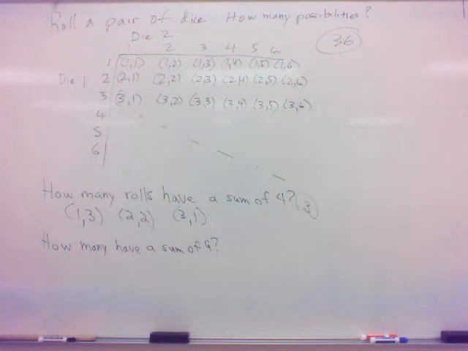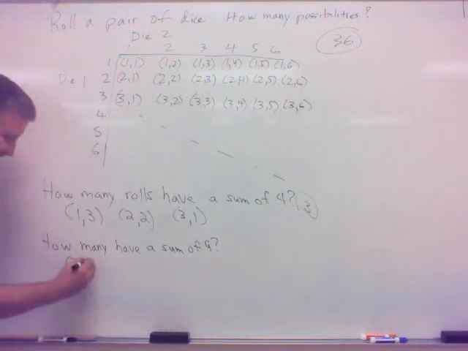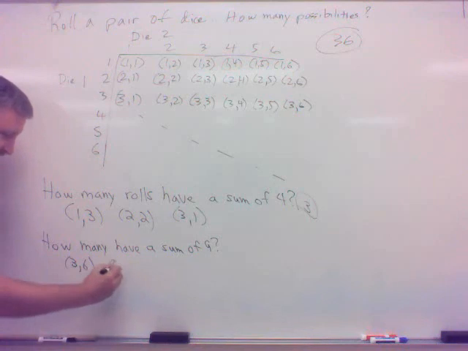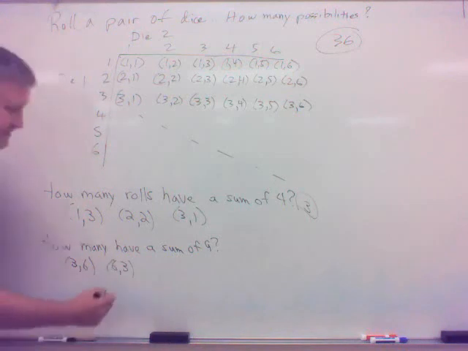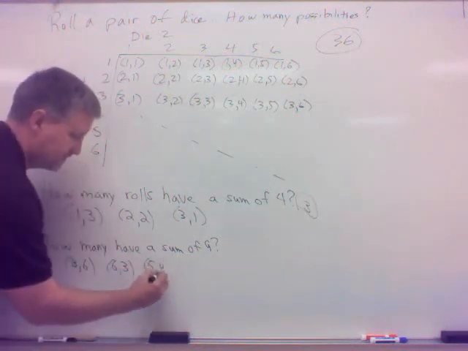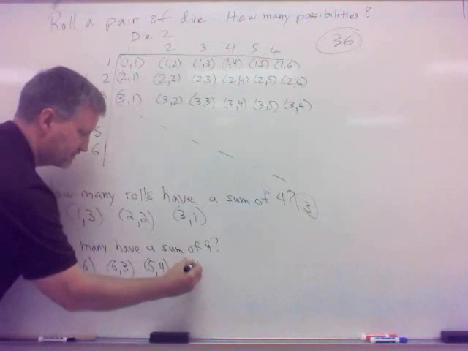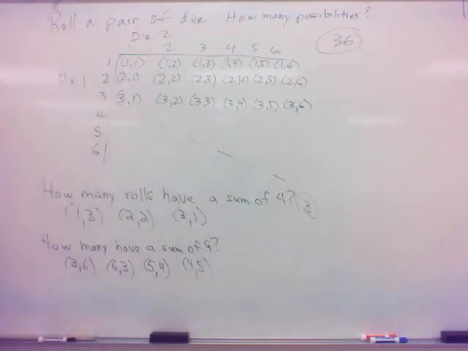Well, what would be one of them? Or 2 of them? 3, 6. Okay. Well, 3, 6 is, then 6, 3 is also. What else? 5, 4. Well, 5, 4 is, 4, 5 is too. Any others? 2, 7? No. The die only goes up to 6, doesn't it?